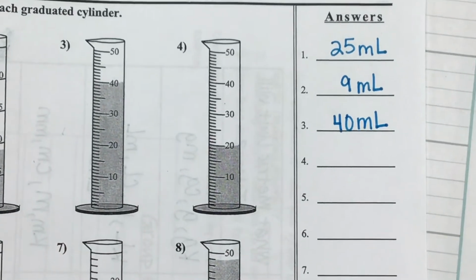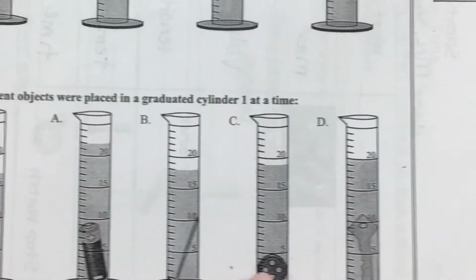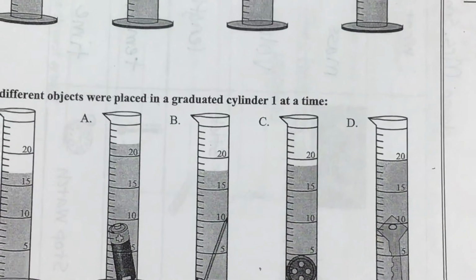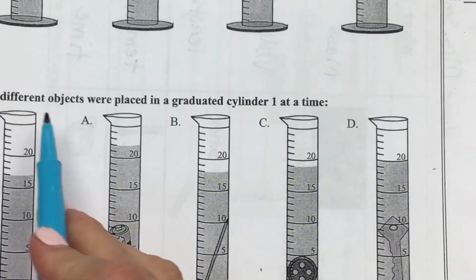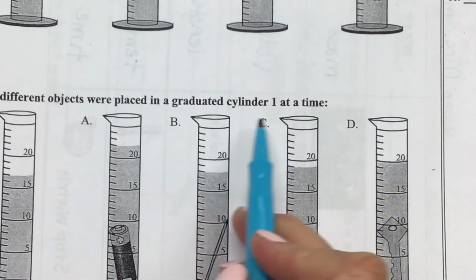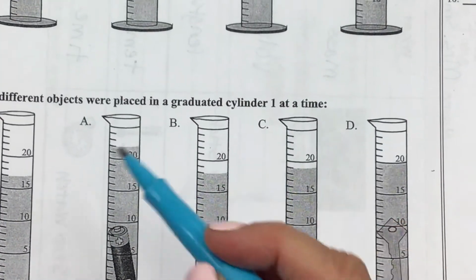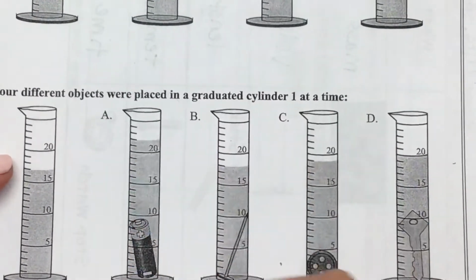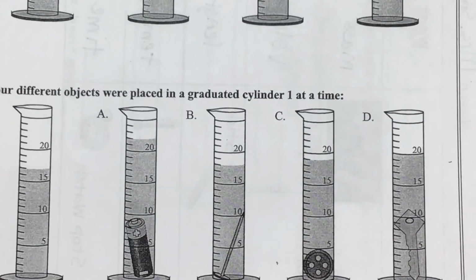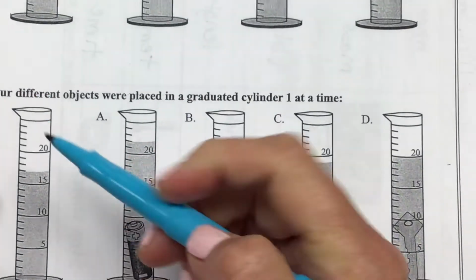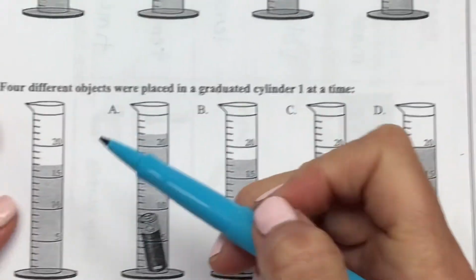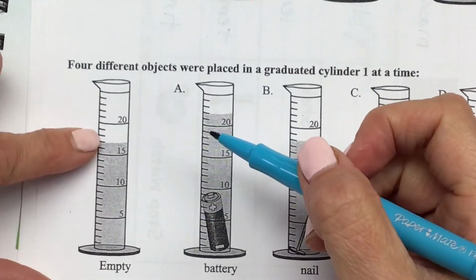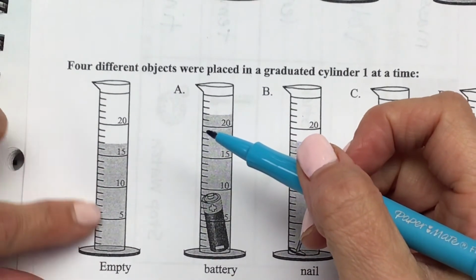Okay, now I want to skip down to these. Come to the bottom. It says 4 different objects were placed in a graduated cylinder one at a time. So when it says which object has the greatest volume, which has the least volume. When this graduated cylinder just had water in it, how many milliliters was it holding?